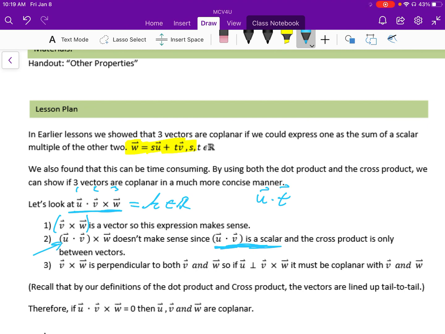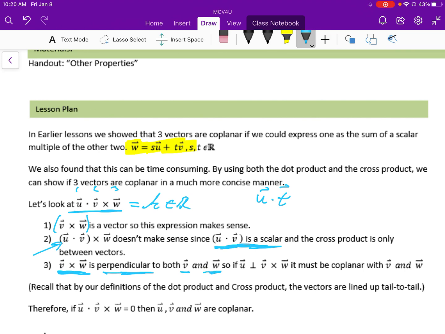Now, the reason why this works to show that three vectors are coplanar or not coplanar is that when we take any two of the vectors and we cross them, we are going to get a perpendicular vector. It's perpendicular to the two vectors in question.